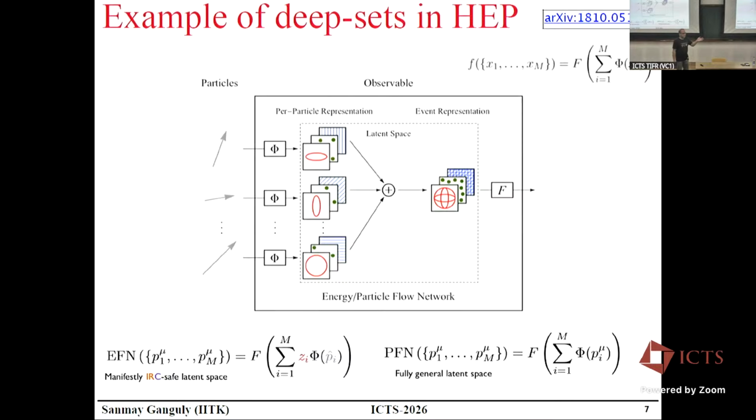And if you add another collinear particle, since theta is small, the sum doesn't change by much. The same concept has been brought here, that you put your neural network phi weighted by the energy emission fraction, which makes it IR safe. Okay. Like if you have 10 GeV and you are adding 0.001, it will not change anything.